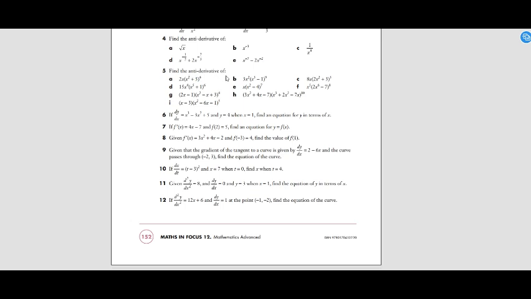Okay, and when you find these, find antiderivative of, and then they give you these kind of problems, right? What I would suggest to you is just do the multiplication, in cases where you can multiply. But if you can't multiply, then you got to go back to the f of x versus the f prime of x formula, okay?